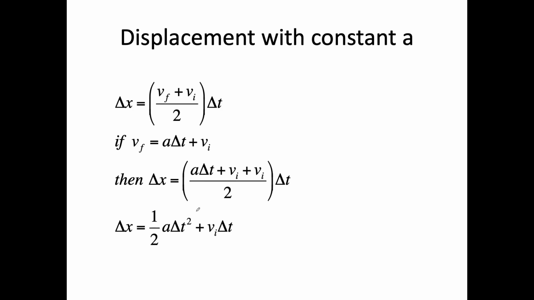Now, displacement with constant acceleration. Now we're looking for displacement. So, remember, the change in x, displacement, is the average of our velocities times delta t. So we're going to change this to say Vf.